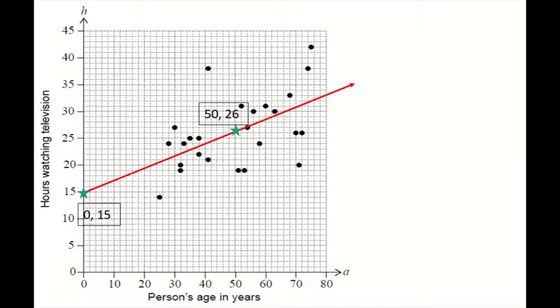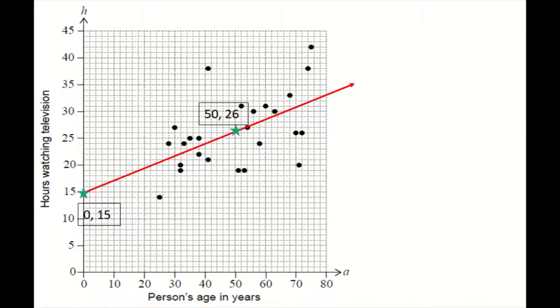Now as we understand, people start aging, of course, from when he or she was born, which means we consider people's age as 0. So when we input age is equal to 0, or a is equal to 0, the equation says that hours is equal to 0.22a plus 15.